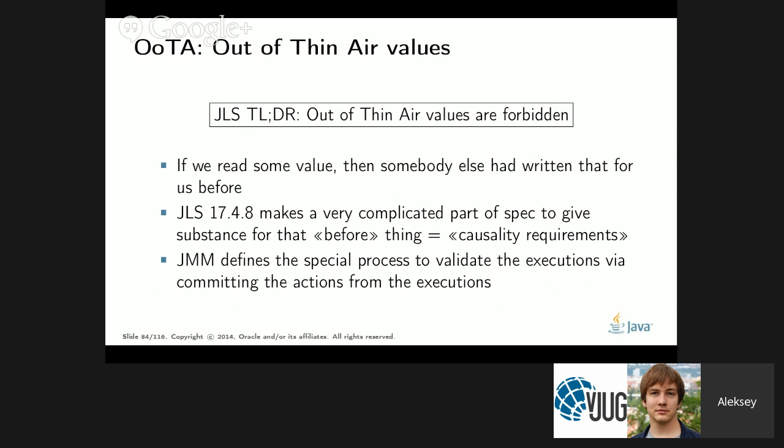So we have to have some weaker guarantee. There's an entire subchapter in the JLS which tries to give weak enough and strong enough substance to that "before" thing. What does it mean to have before? The causality requirements, so that you cannot have causality loops, which give rise to the self-justifying optimizations.